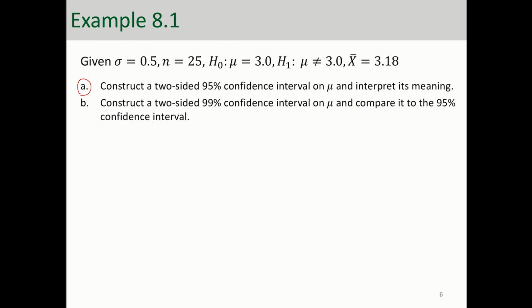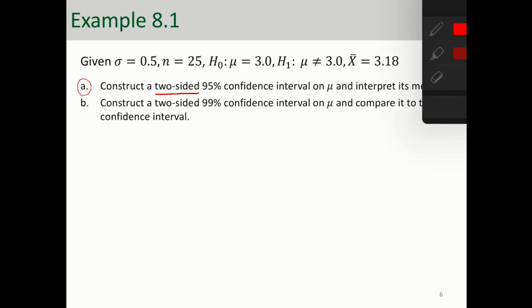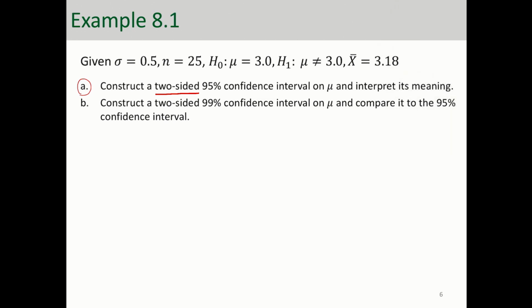Well, first of all, it says a two-sided confidence interval, because our alternative hypothesis is indicating that the test is two-sided. It has this inequality sign. If it had a less than or more than sign, then it would have been a one-sided test. So we're building a two-sided confidence interval.